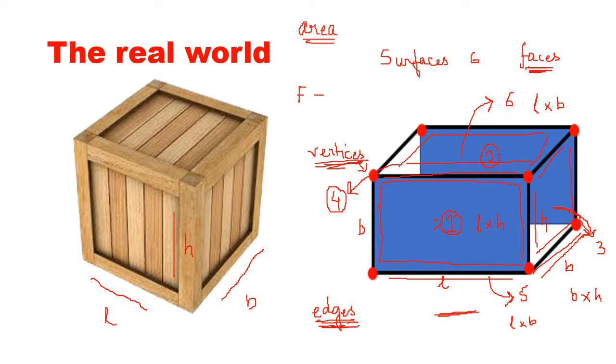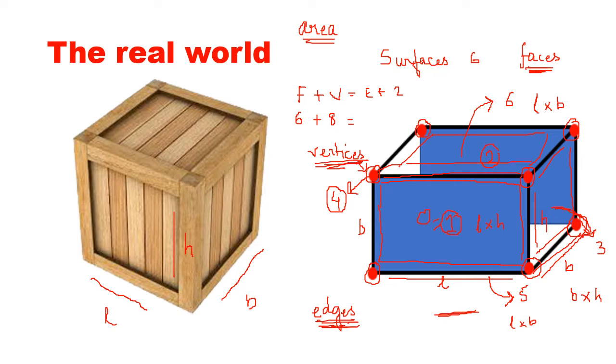Faces plus vertices equal to edges plus 2. So in the cuboid there are 6 faces. The vertices are 1, 2, 3, at the bottom here 4, 5, 6, 7 and 8. So there are 8 vertices.